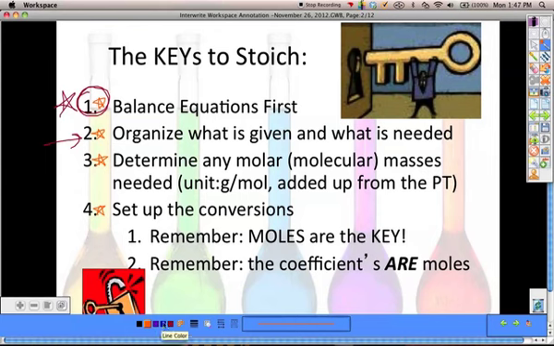So you're going to set up conversions where you have the given thing is always first, and then we set up fractions with ratios of things. So I would have a ratio that has the same unit as my given on the bottom so that I can cancel it out.